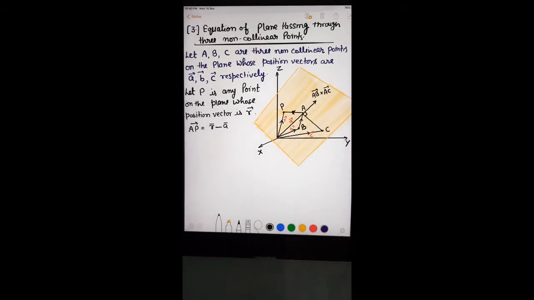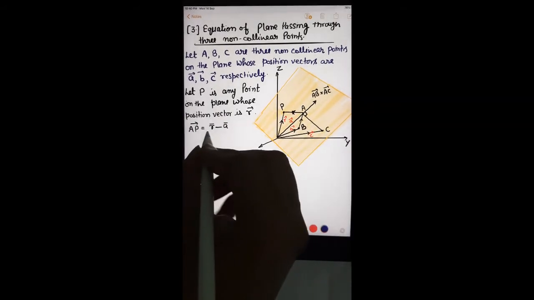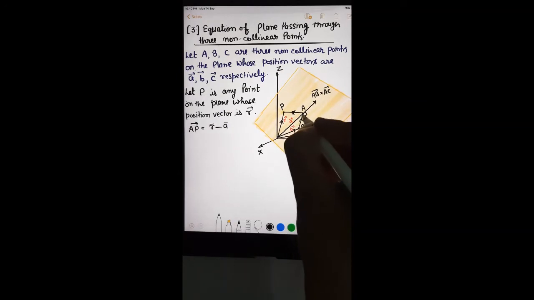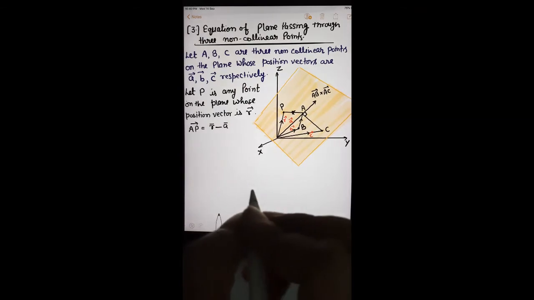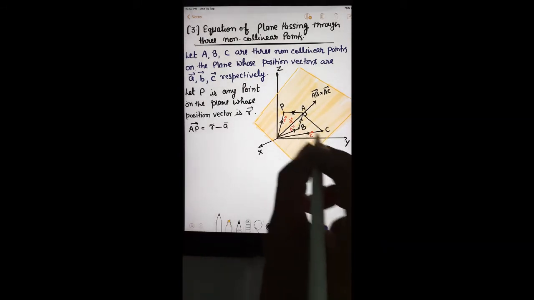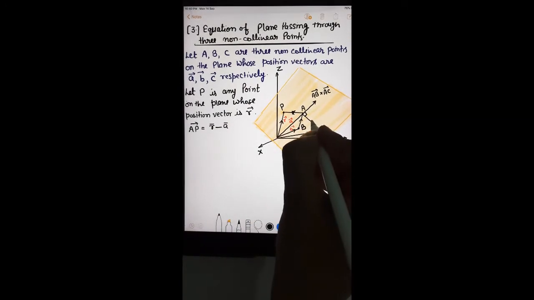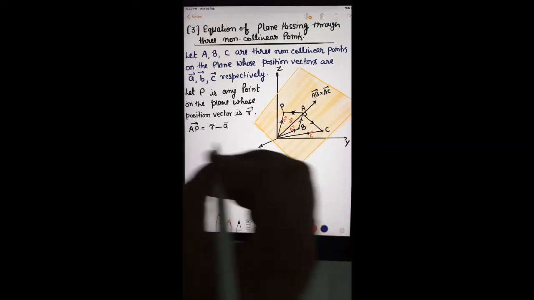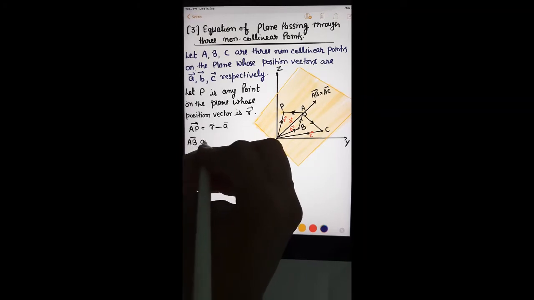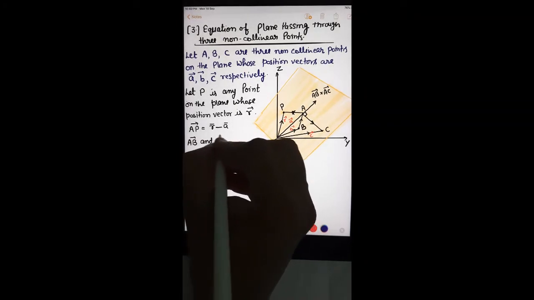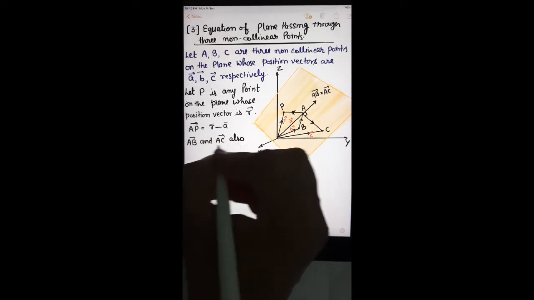If we find the vector AP, then it will be r minus a. Now AP lies in the plane, and the two vectors AB and AC also lie in the plane.